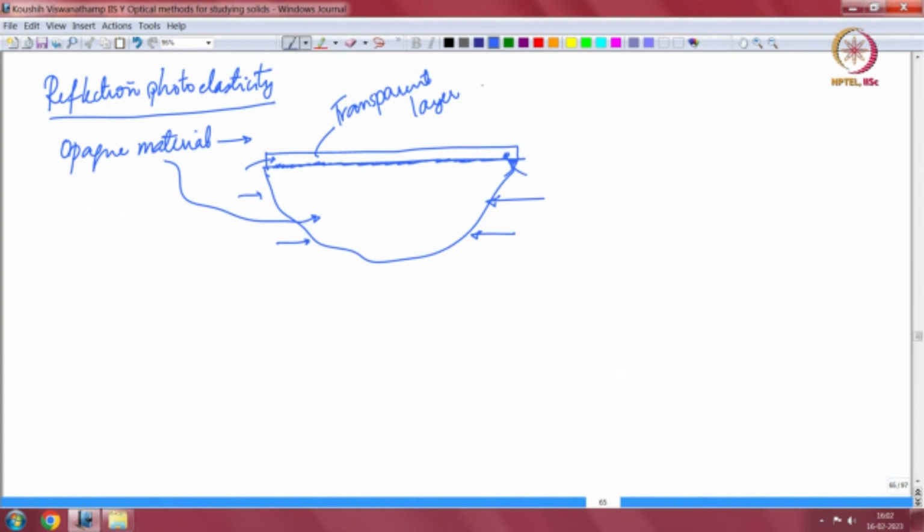Now, the idea is you pass light like you used to do before, it comes back, and then you have a polarizer and analyzer sheet and you look at it. Instead of doing it in transmitting mode, you do it in reflected mode. Obviously you can't have this beam exactly perpendicular, because if you did then the polarizer and the analyzer will coincide, right.